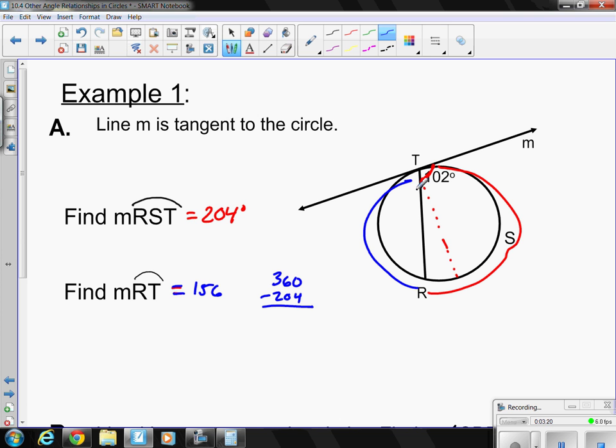So this angle has to be 78, right? I took 180 minus 102 to get this angle. And then once I know that, I'd take 78 times 2, and that equals 156 as well. So either way, you get your answer, 156.